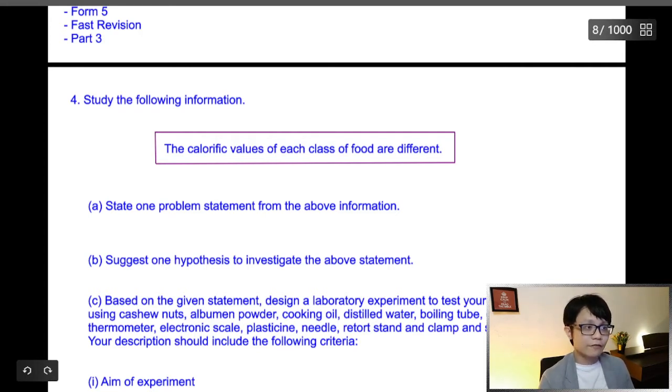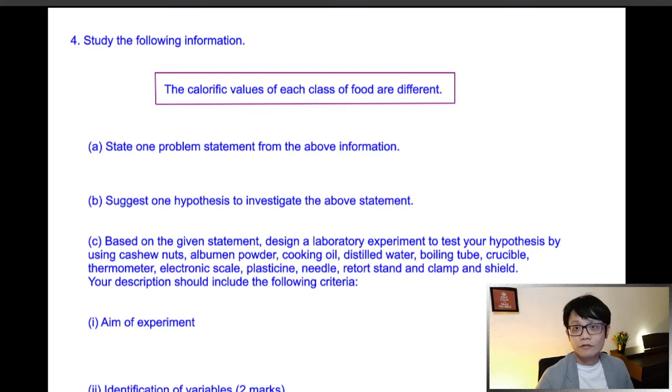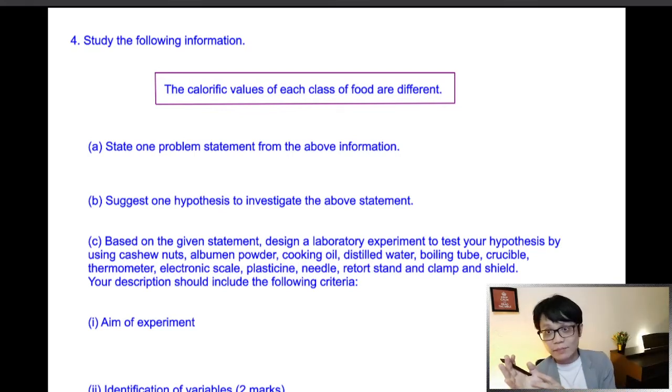Study the following information. The calorie value of each class of food are different. So what is the first question? State one problem statement. When we want to do an experiment, we want to know the problem first. If we have the problem, then we have the experiment, correct or not?